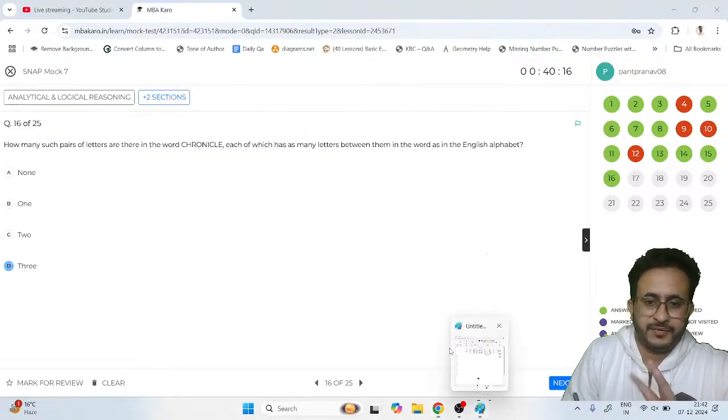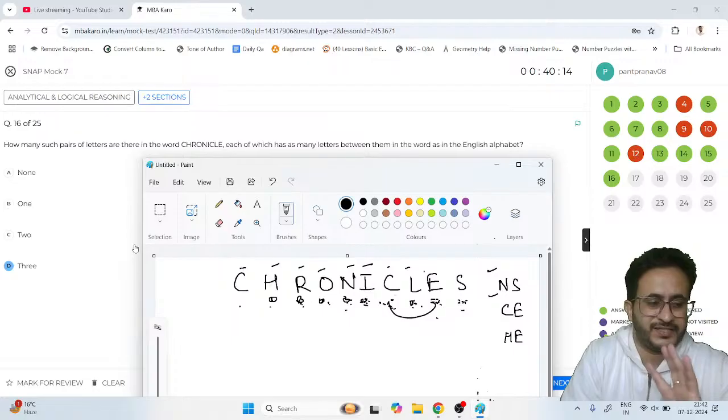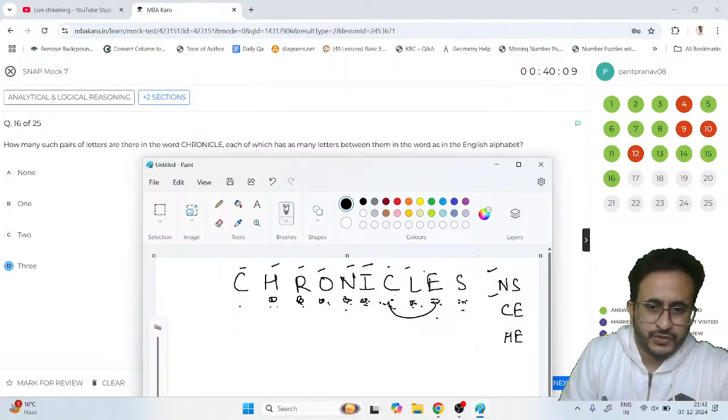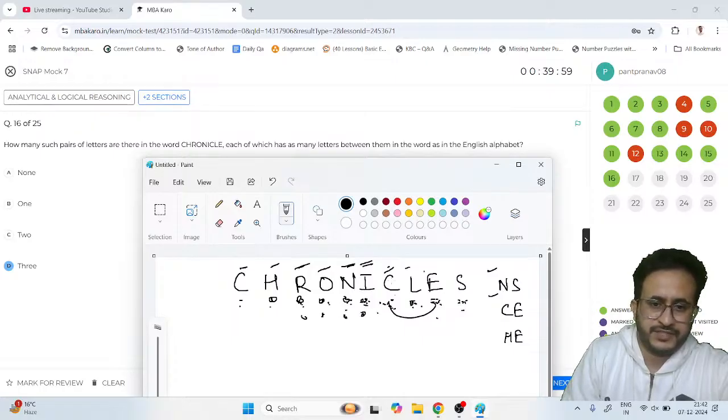Okay. However, it is saying none. None of these is not there. It says none. None means 0. But we will still look at it. So EH we are done, and L M N O P Q R S, no pair. C D E D E F G H. Sorry, it was C H. C to H, that is H C from reverse.